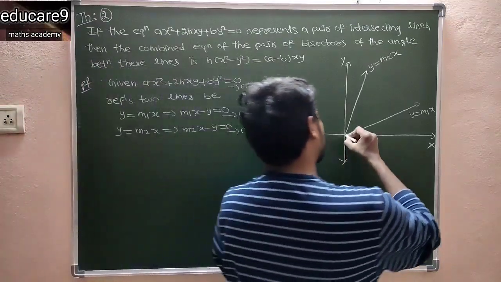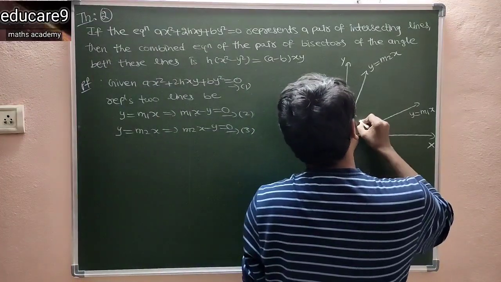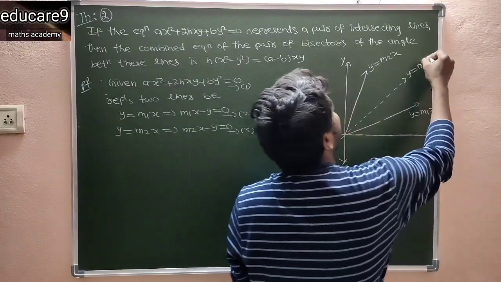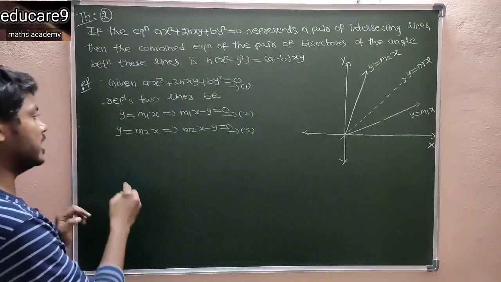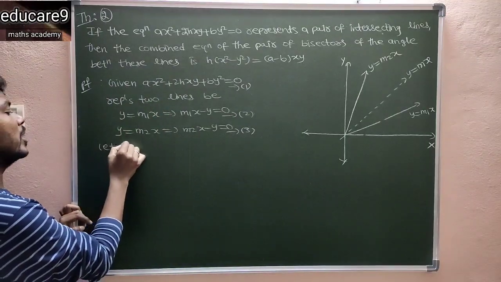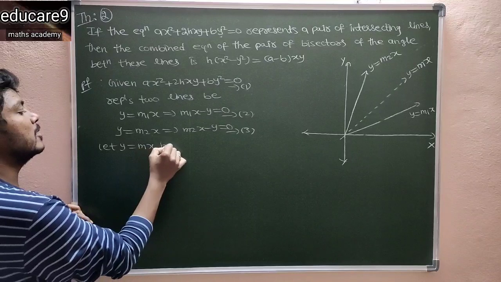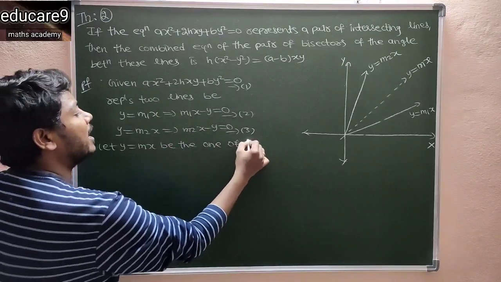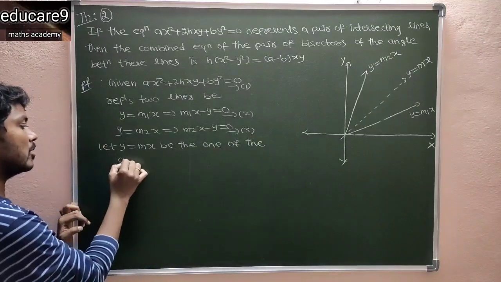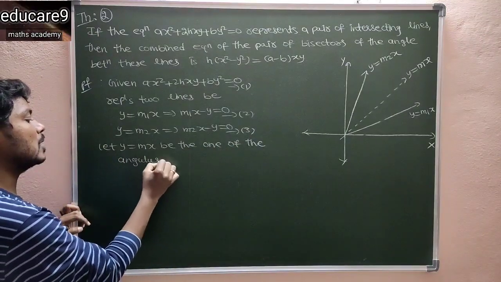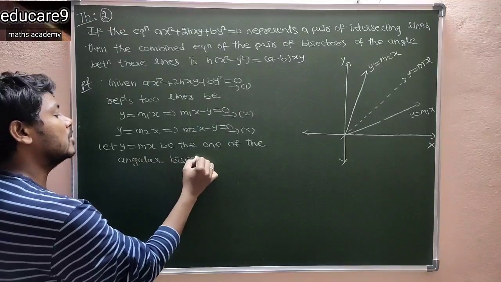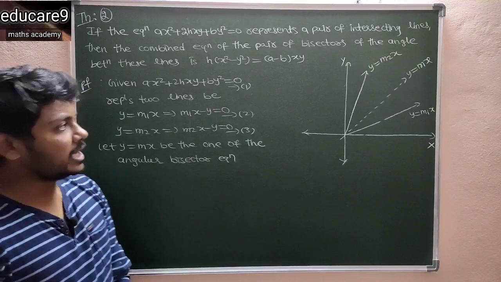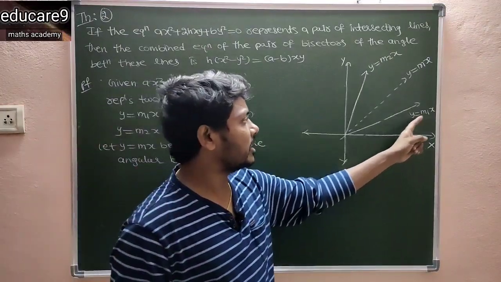So I am assuming, let y is equal to mx be one of the angular bisector equations. Now see here, y is equal to m1x.